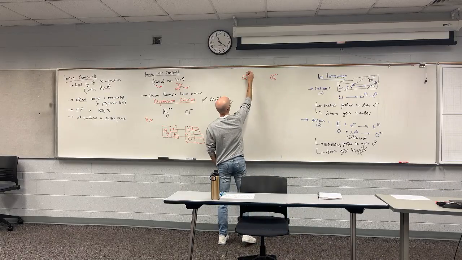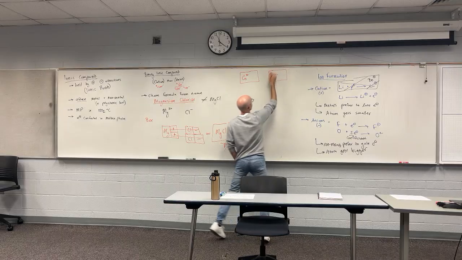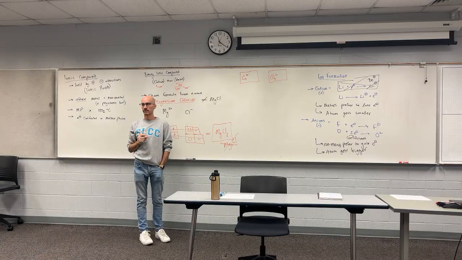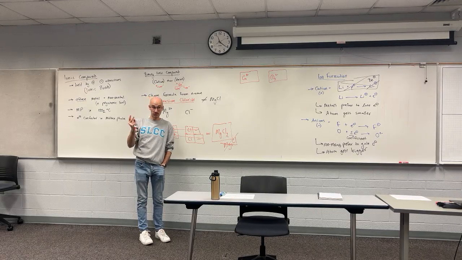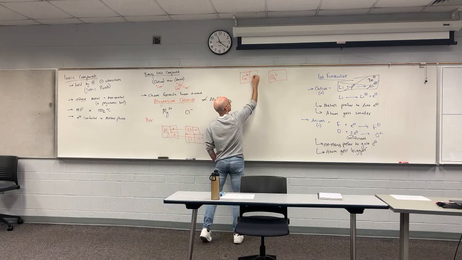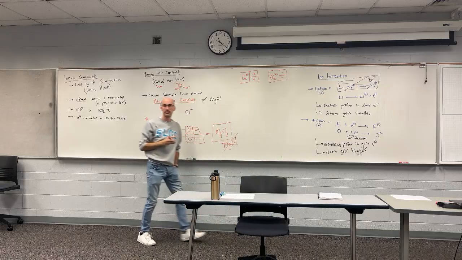Let's do the box method for calcium carbonate. How many plus boxes do I need on calcium 2+? By the way, what group is calcium 2+ in? Group 2. 2+, group 2. So plus and plus, minus and minus.